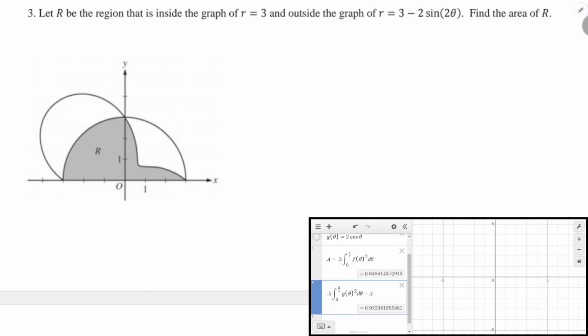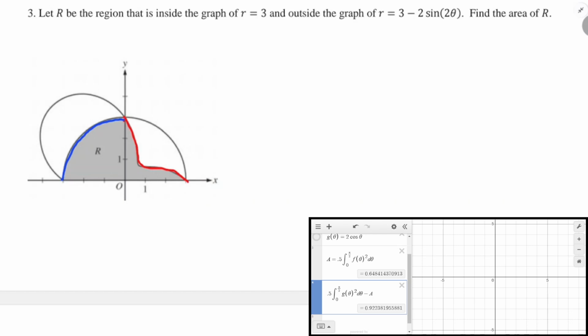This is, okay, we're looking at the shaded region, and this is where it's going to hand off from one curve to the other. So it starts off with this curve, and then it switches over to the circle.